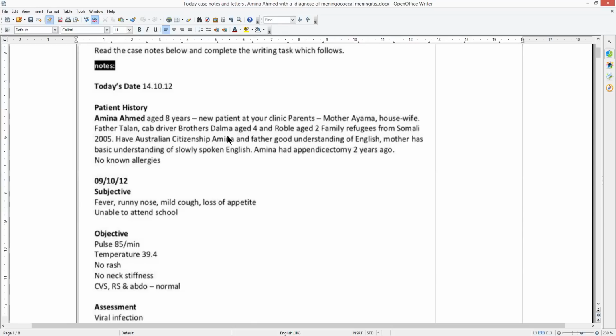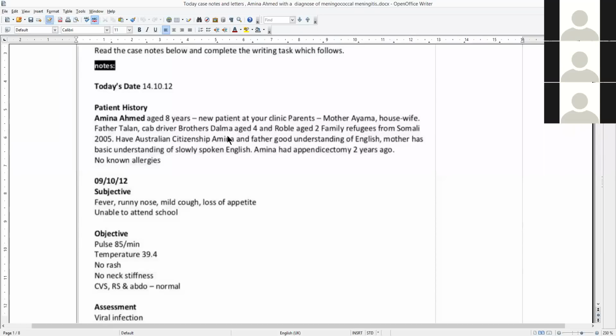So you've got to be a little bit cautious. You've got to be careful. There will be something in the case notes that is not relevant or pertinent, and that's to try and find out if you can spot it or not. So you've got to be careful there.